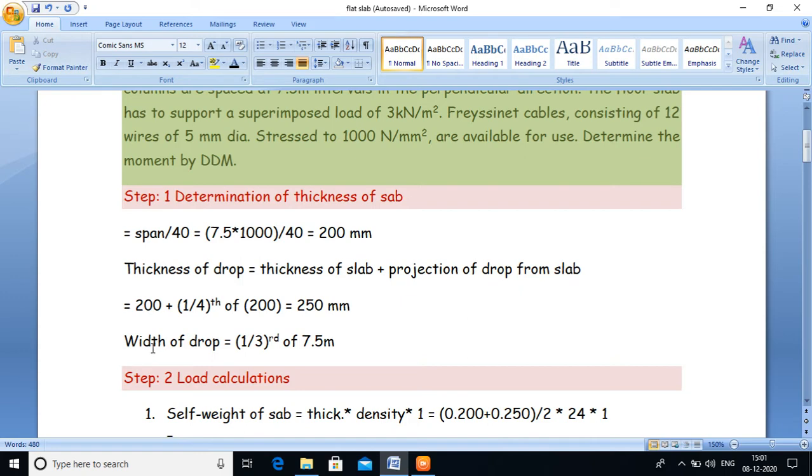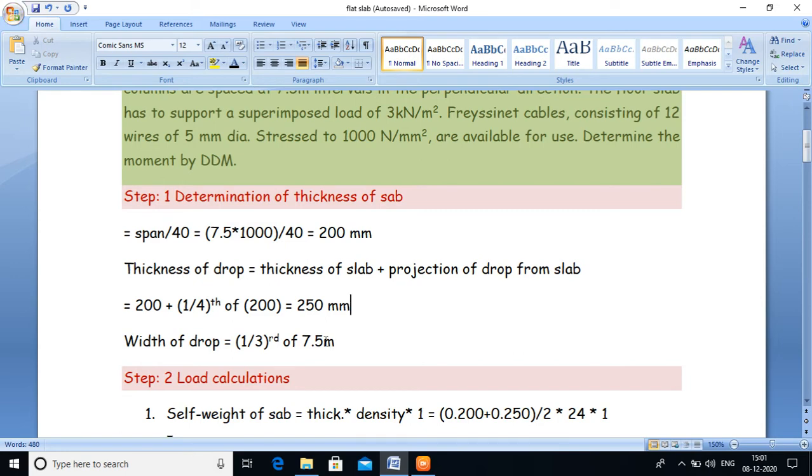Now the width of drop. How do we get the width of drop? As per the last lecture's discussion, we are going to consider the width of drop as the width of column strip, and that is one-third of the center to center span of a panel.